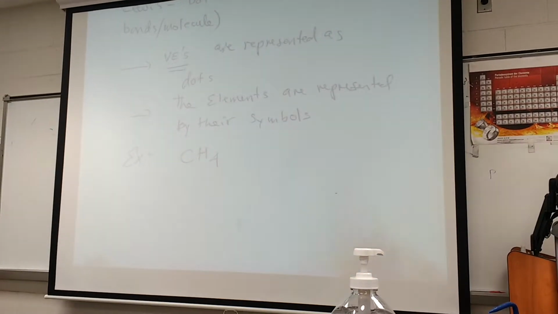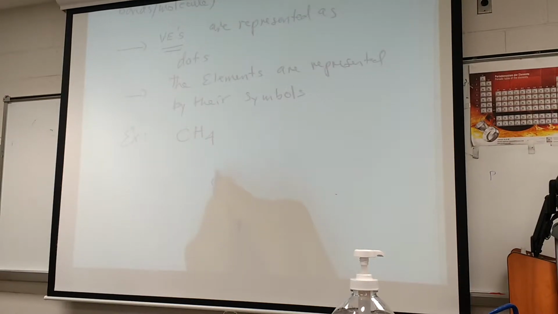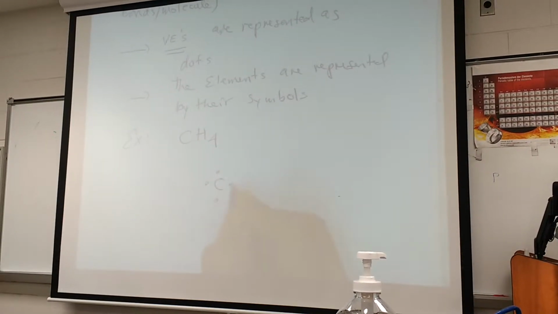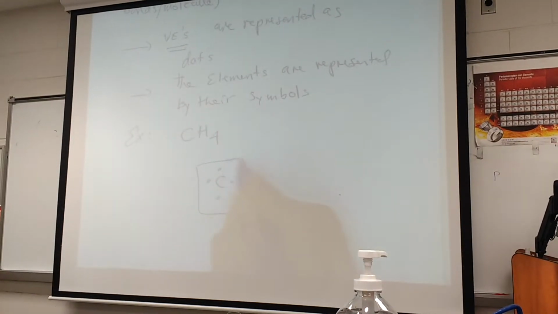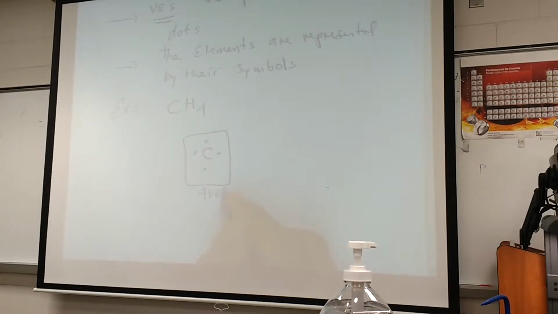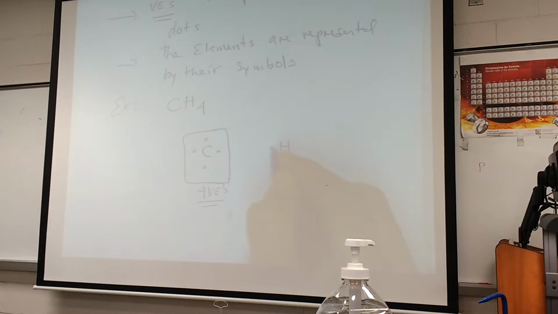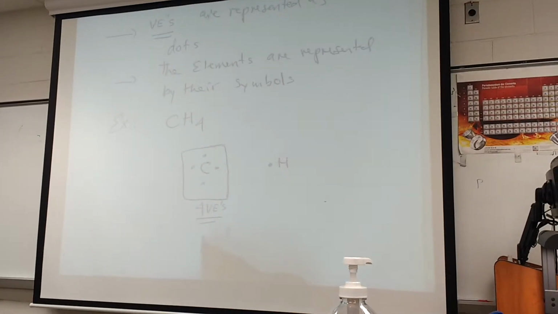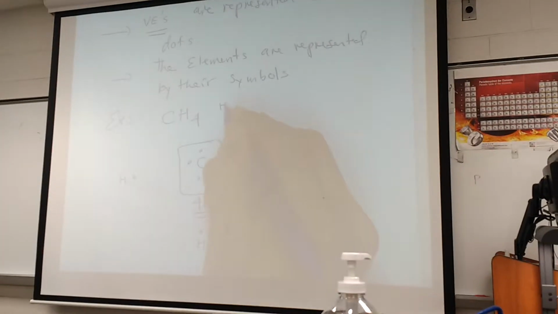So what we'll have here, each carbon has 4 valence electrons, correct? I can box them just to make emphasis. This is my 4 VEs of carbon. And here I have hydrogen, here I have another hydrogen, here I have another hydrogen, and here somewhere I have another hydrogen.